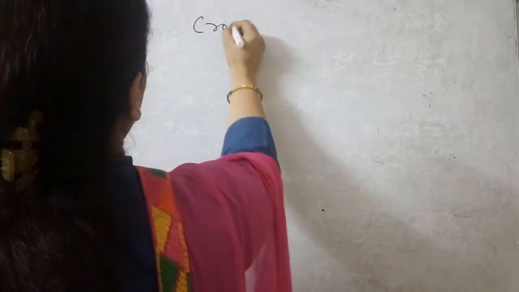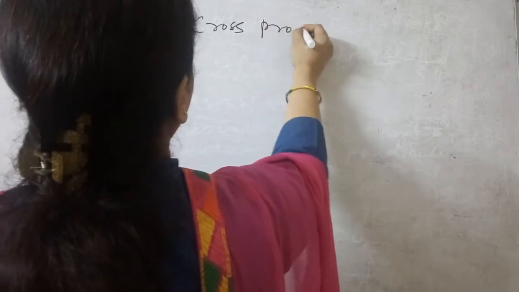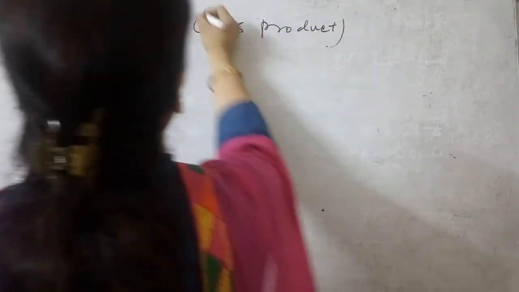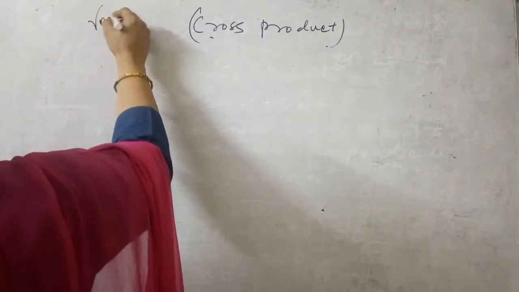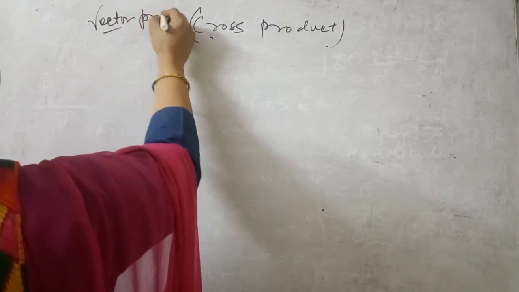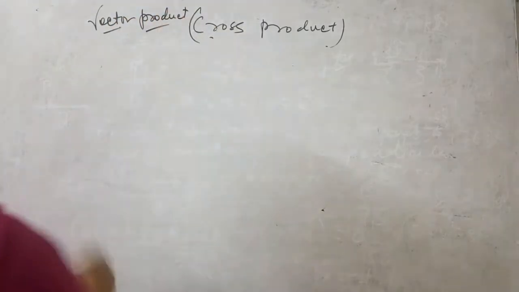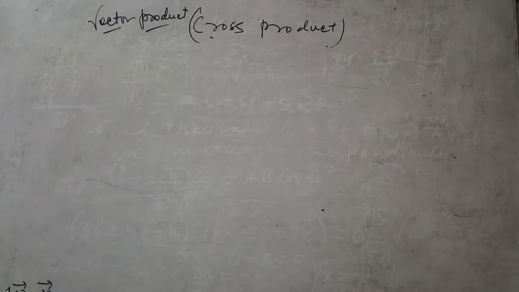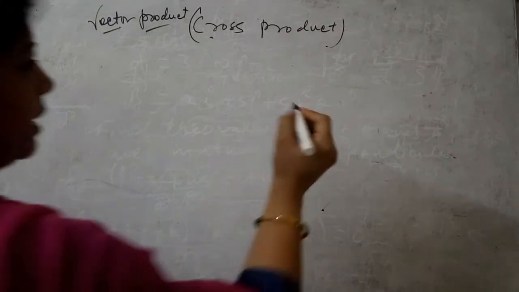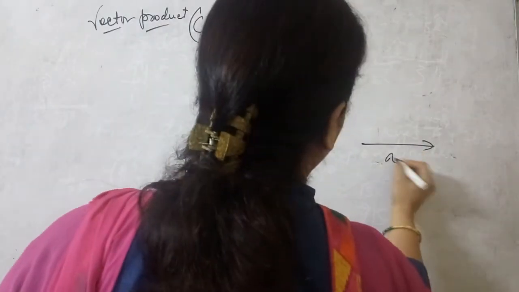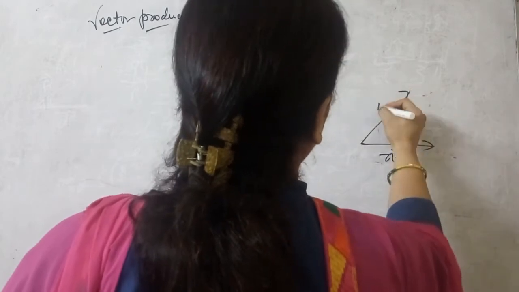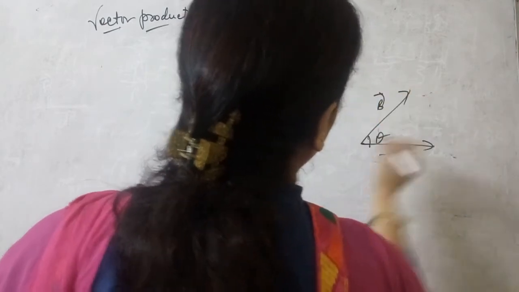So let's start the class with the cross product, or what we call the vector product. Now in this case, we will take two vectors. Let us assume we have taken one as A vector and another as B vector, making an angle theta with each other.